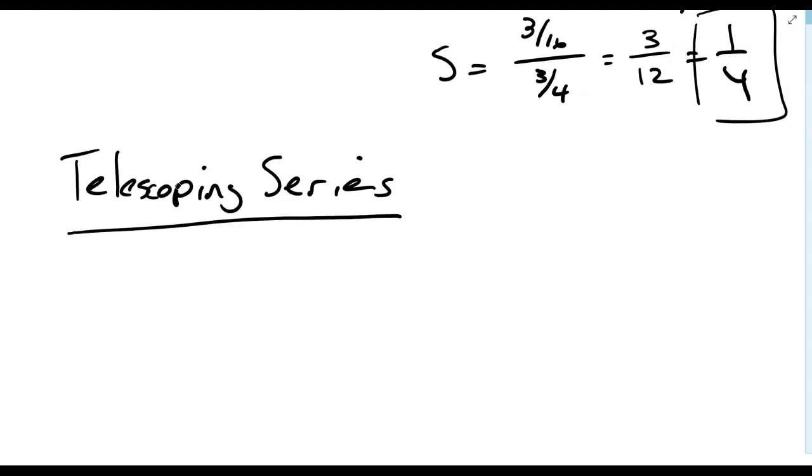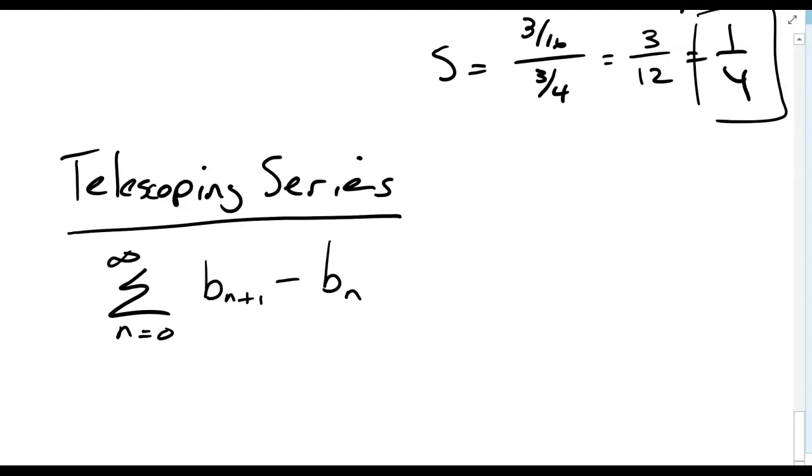This one is defined as the summation of n equaling 0 to infinity of b to the n plus 1 minus b to the n. So you can see in a telescoping series, we're taking the difference between two consecutive terms of the series.